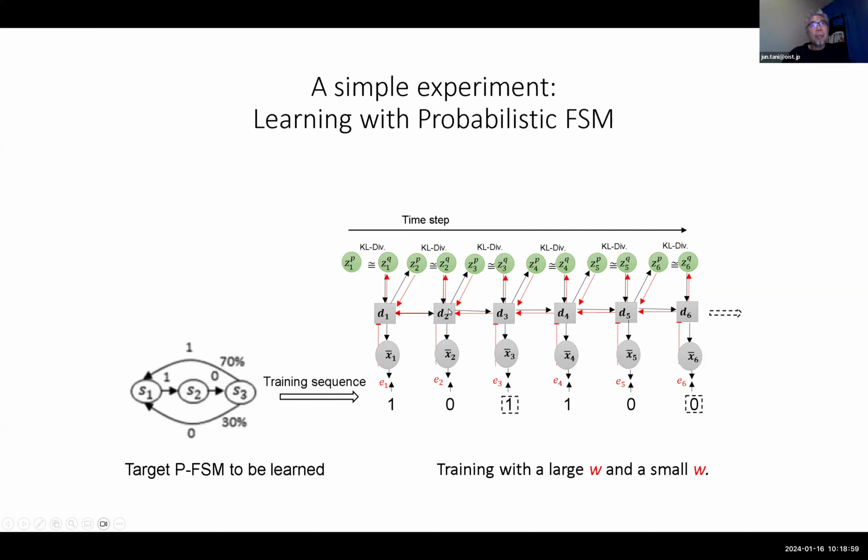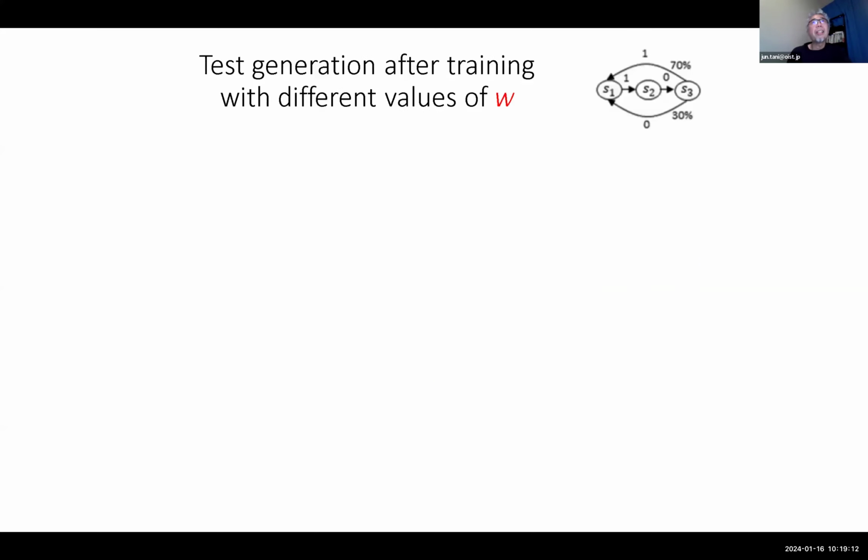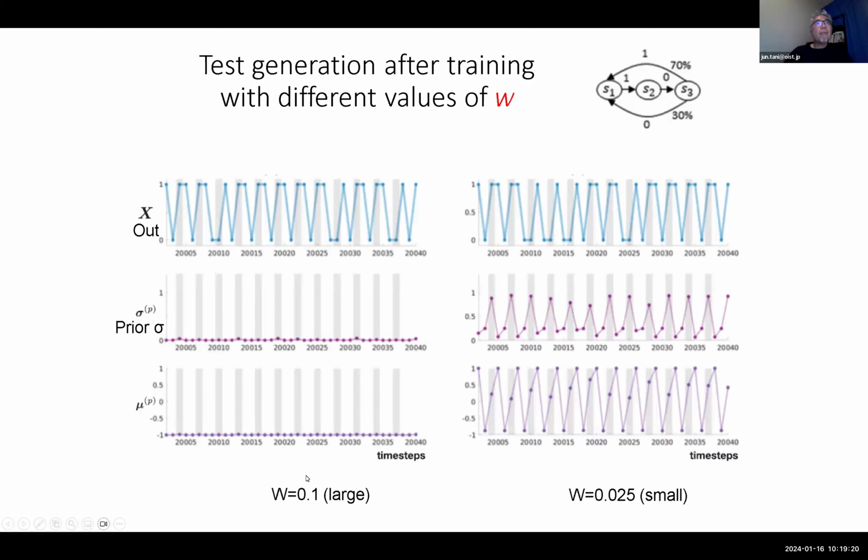So it's a learning experiment. But in this training simulation, we change the meta-prior to a large one and a small one and compare the learning results. That is the test generation after training with different values of W. This is a case of the relatively large W, 0.1, compared to the small W, 0.025.